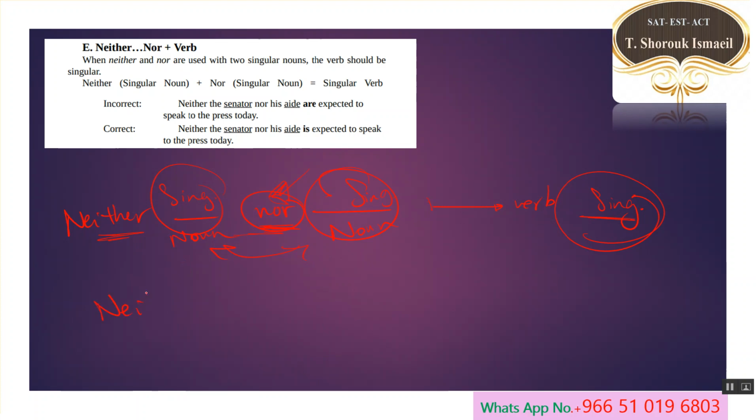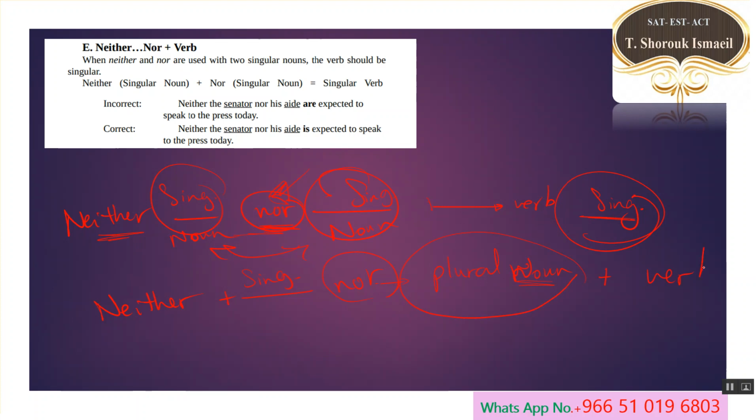But suppose that you're talking about neither, and I found that we have two subjects. Like here, a singular noun, and then here I found nor and a plural noun. Which one should my verb follow? In such a case, the verb follows the noun that comes after nor.